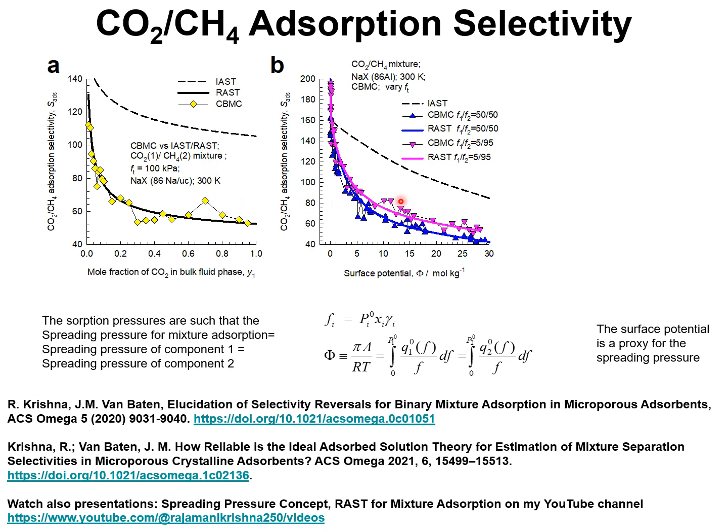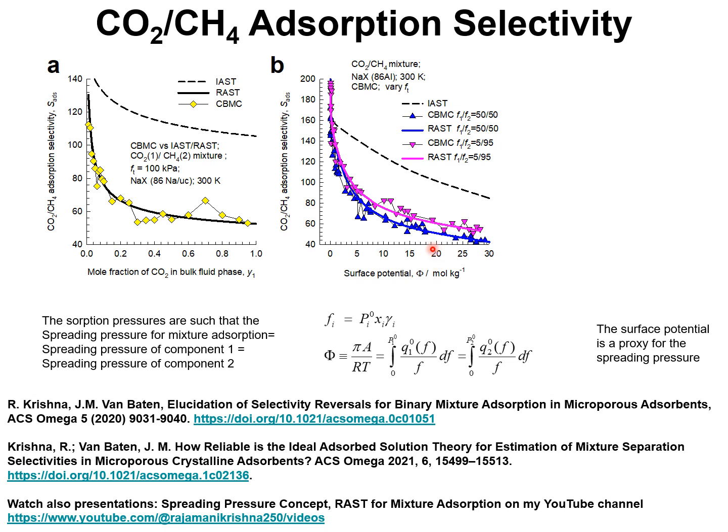2 other types of CBMC simulations were carried out. The blue triangles are the simulations for 50-50 mixtures of CO2 and methane, and the total fluid phase fugacity of the bulk mixture was varied from low values to near pore saturation.